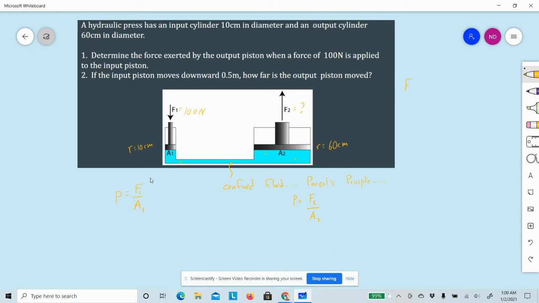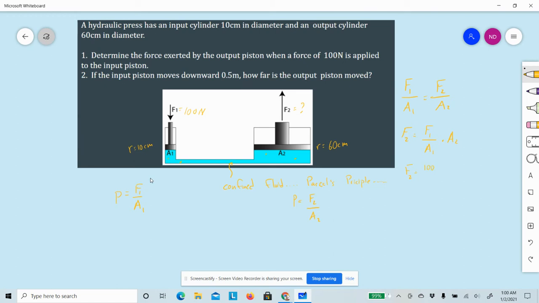We get force 1 over area 1 equals force 2 over area 2, because the pressure is the same throughout the fluid. They want us to solve for F2. Doing some simple algebra, F2 would be F1 divided by area 1 multiplied by area 2.